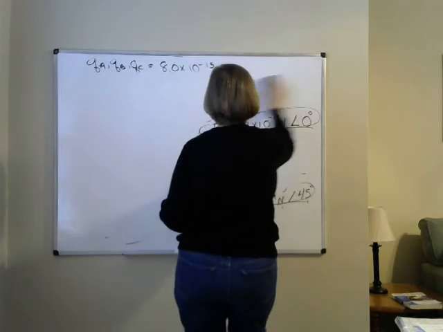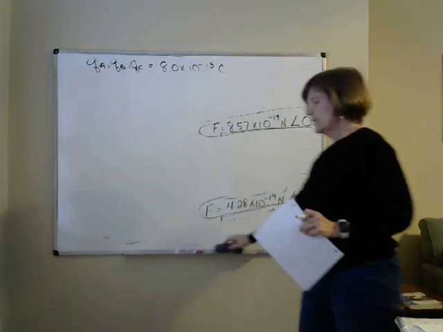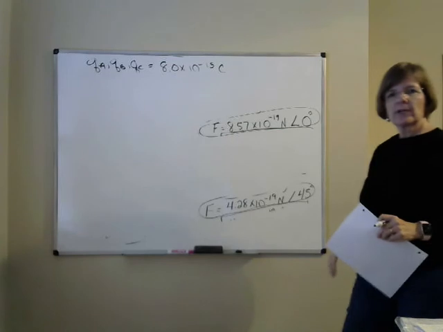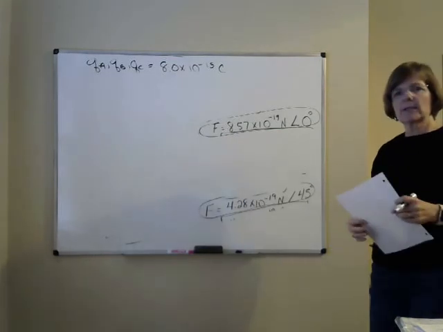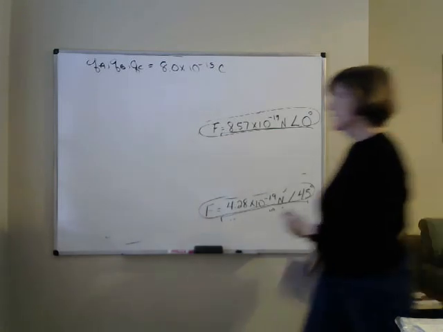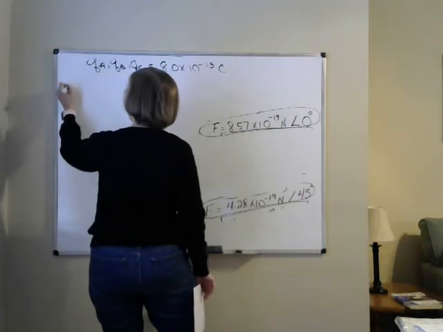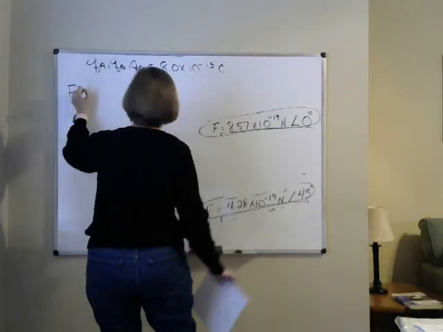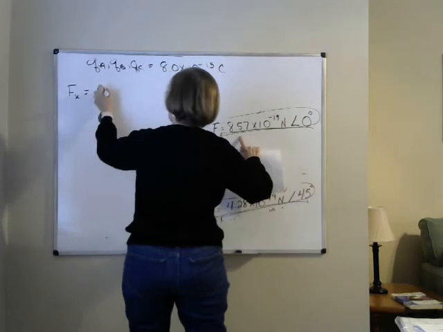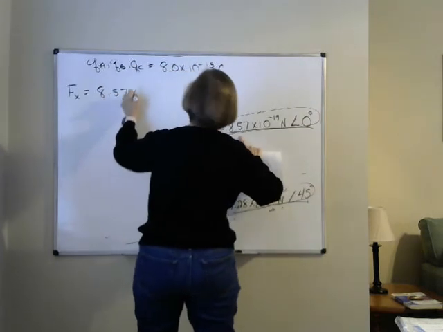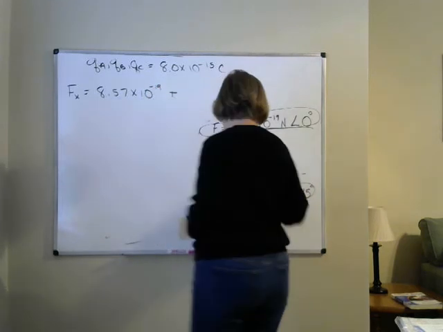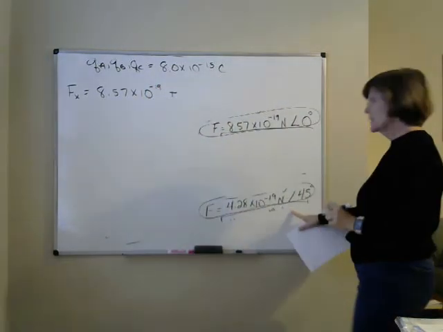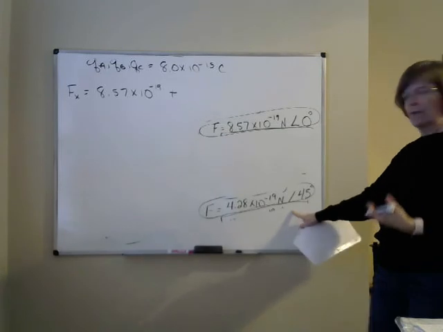When I add vectors, and they're not perpendicular to each other, and not parallel, I have to think of x and y components. How much force is acting in the x direction? Well, all of this plus the x component of this force that's at 45 degrees.